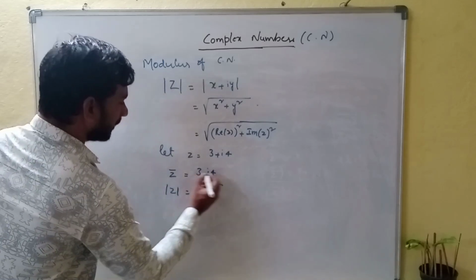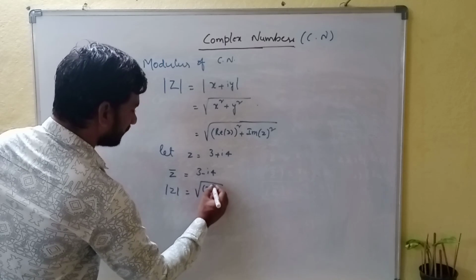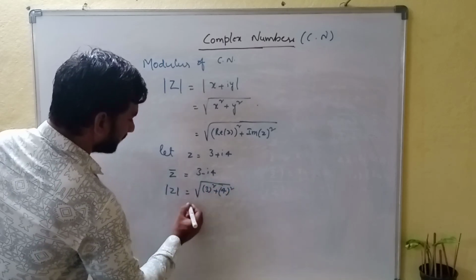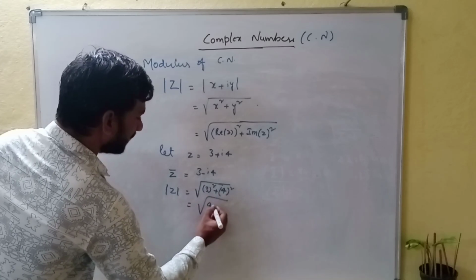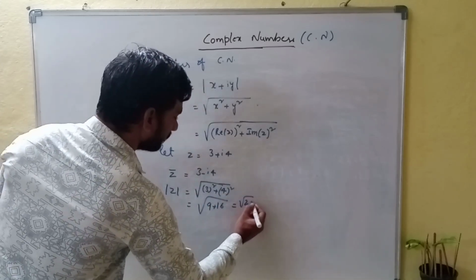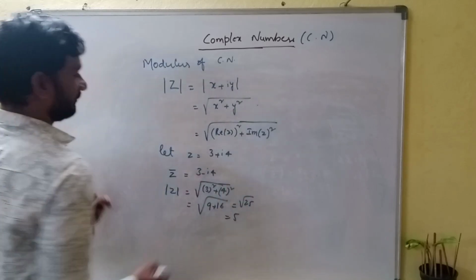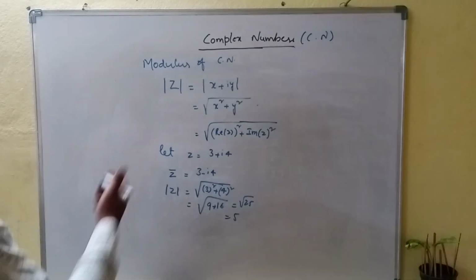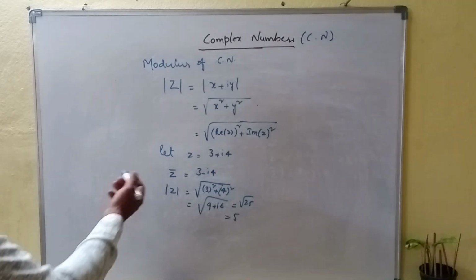Under root real part square, 3 square, plus imaginary part square, 4 square. This becomes 9 plus 16, which is under root 25, equals 5. So this is how we can solve complex number questions if you know the formula of modulus and conjugate.